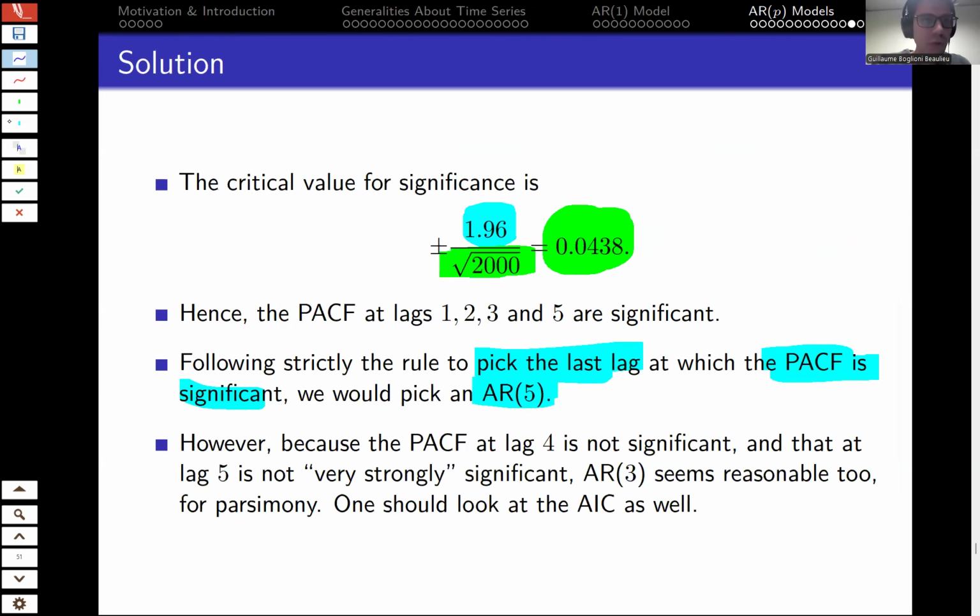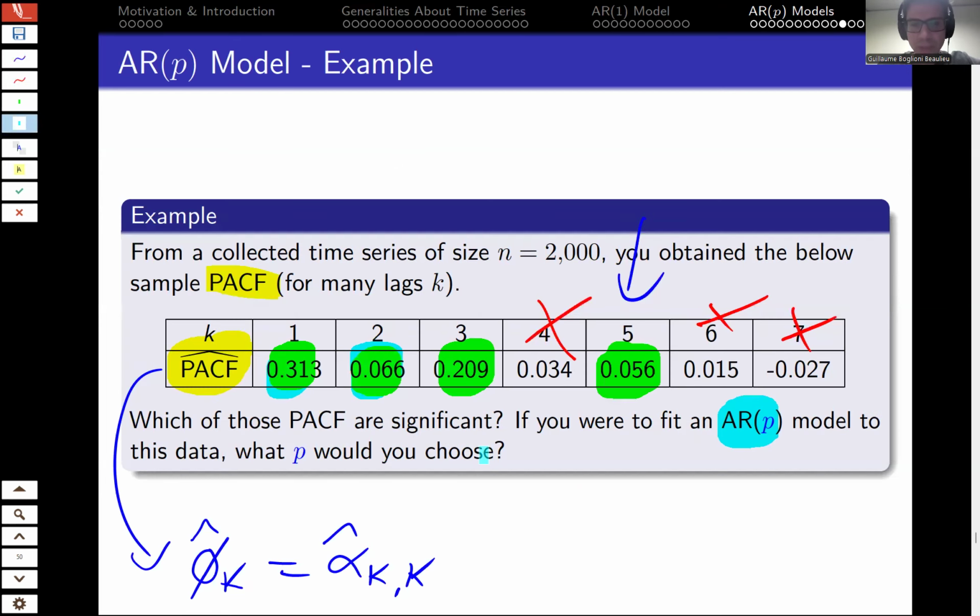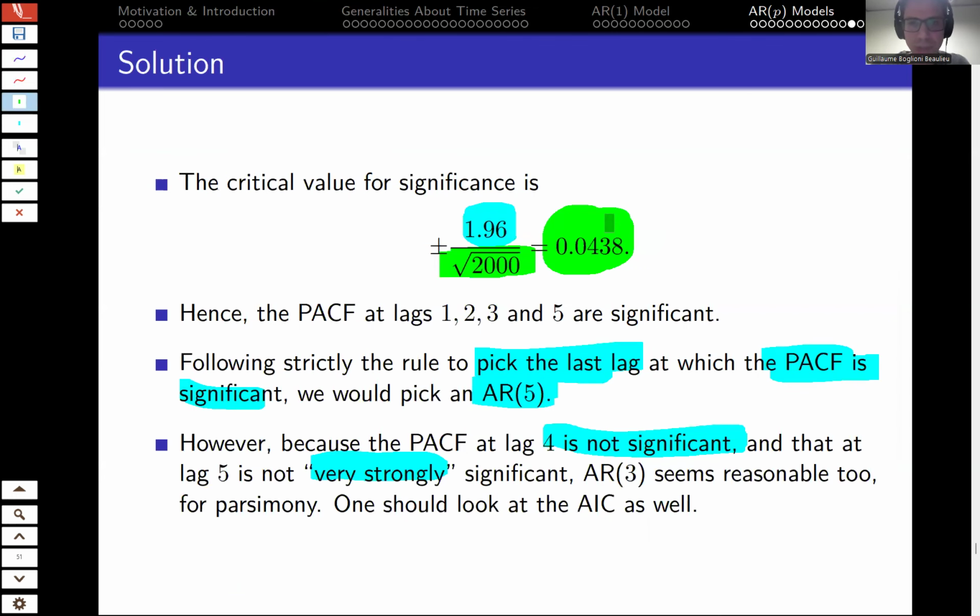However, you could make a case that because the partial autocorrelation at lag 4 is not significant, and that at lag 5 is not very strongly significant, not much bigger than the significance we found here, it could be reasonable that AR3 is reasonable as well, and maybe for parsimony reasons, meaning having fewer parameters, you could prefer the AR3.